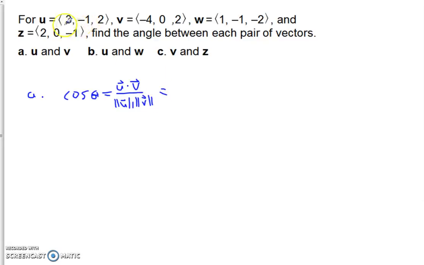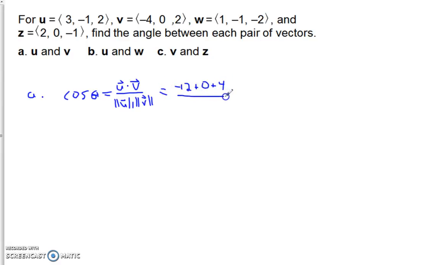And u dot v, I'm going to go ahead and do that out here, I'm going to get -12 plus -1 times 0 is 0. 2 times 2 is 4, so plus 4.